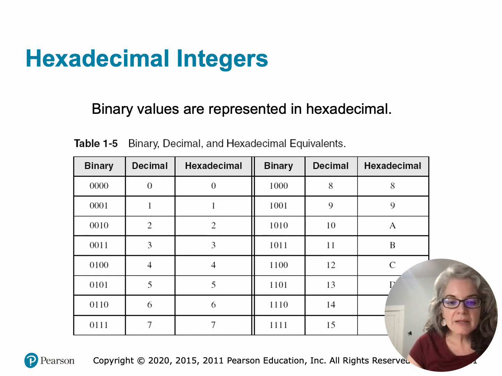After 9, we start representing the hexadecimal number as a letter, going up to 15. So we have A, B, C, D, E, and F. That's how decimal corresponds to hexadecimal.